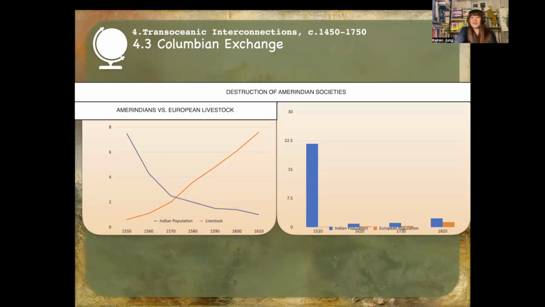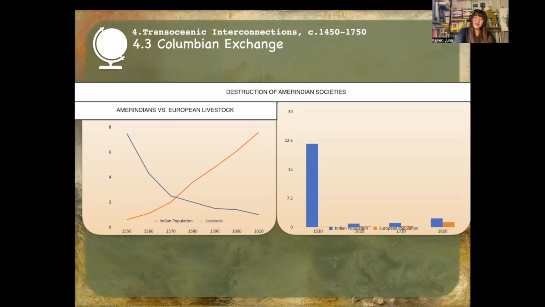On the left is a chart comparing the native population to the population of livestock. The population of livestock is reddish orange, and the population of the natives is blue. And so we see, starting from 1550, a steady decline of the Indian population until there's almost none left, and then a steady increase of the European livestock.